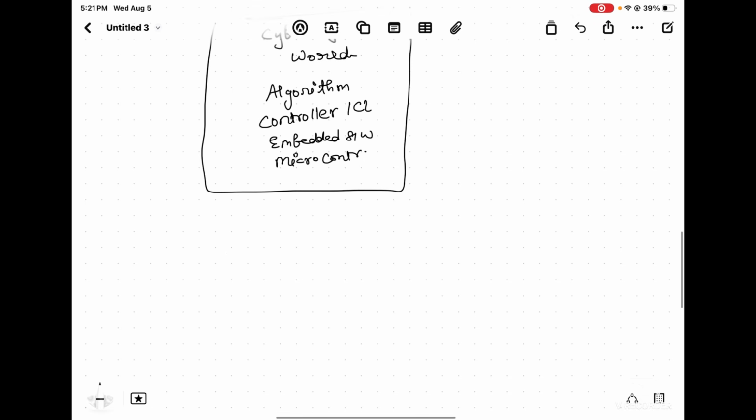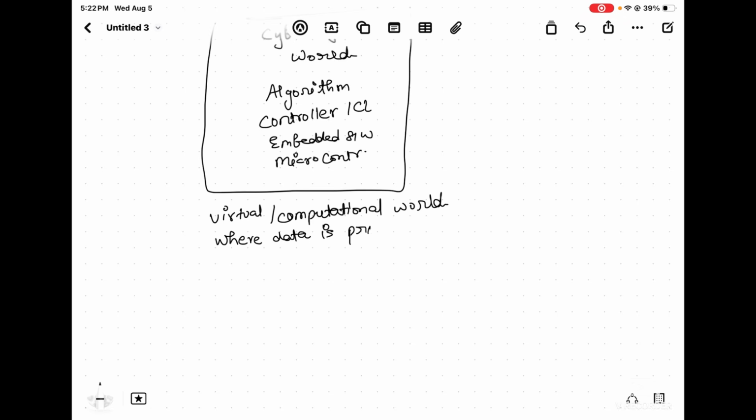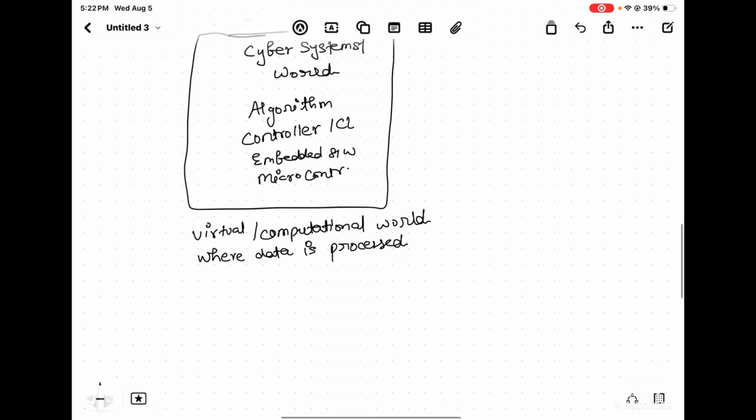So what a cyber world is, it's a virtual or computational world where data is processed, decisions are made, and control commands are generated here.